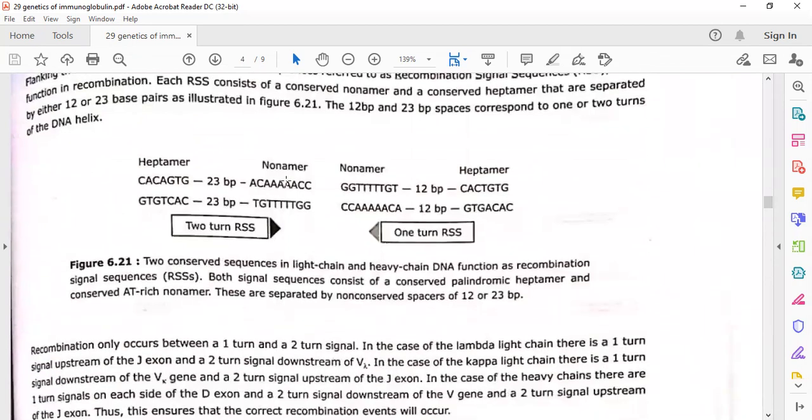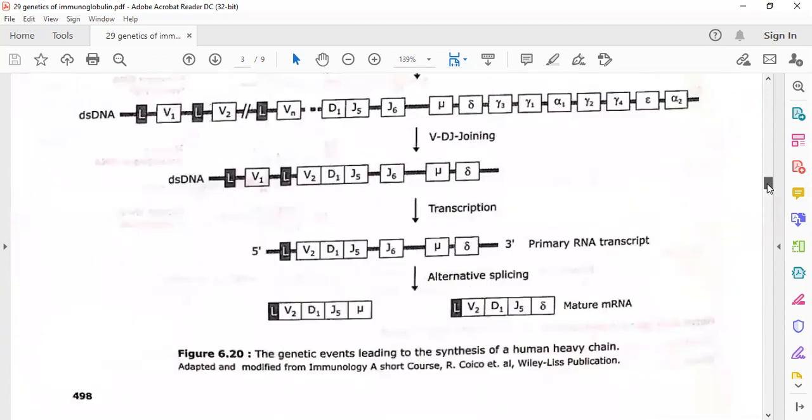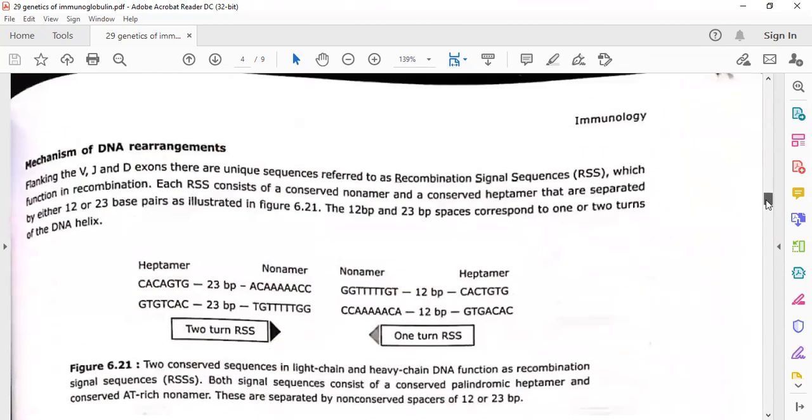Here, heptamer and nonamer will be the two RSS molecules which are joined together between the transcript. Here, this RSS molecule. Okay, recombination signal sequences are here. These are the recombination signal sequences which function in the recombination.